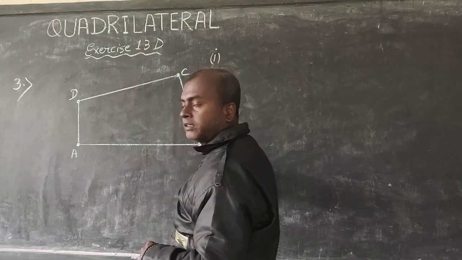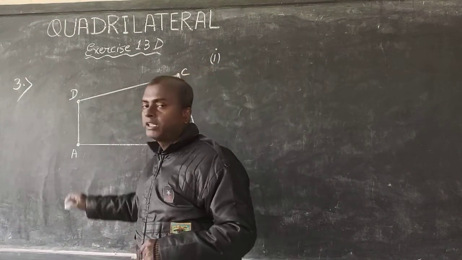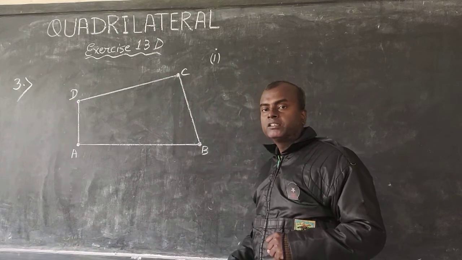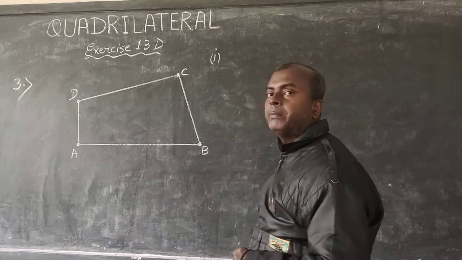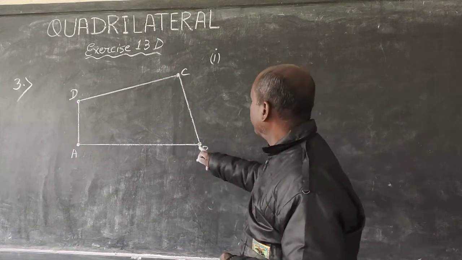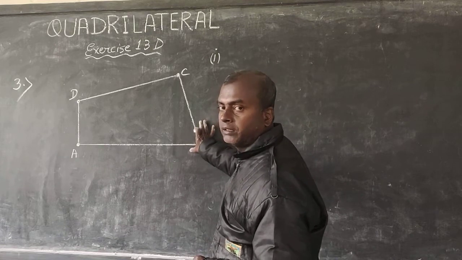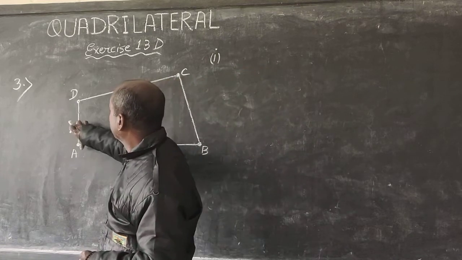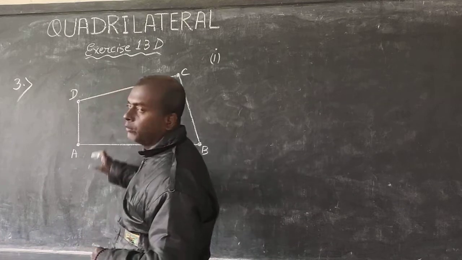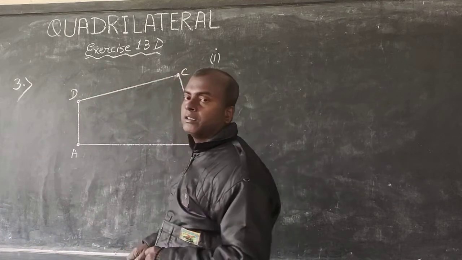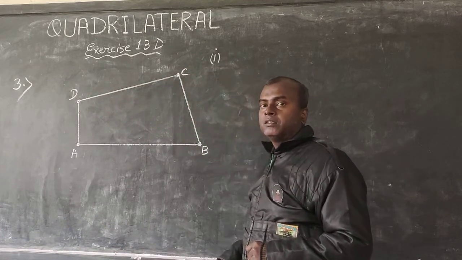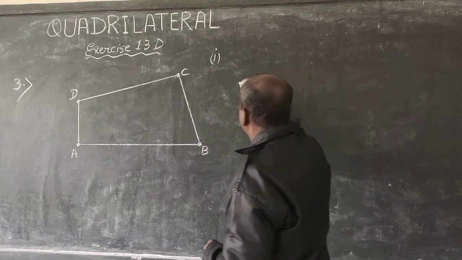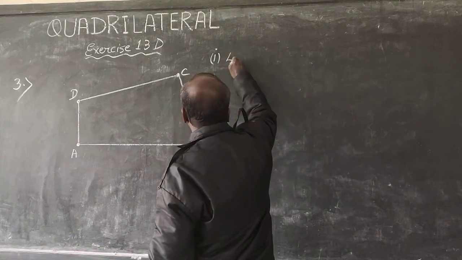With one vertex, 2 sides which are connected, they are called adjacent sides. So like that, how many pairs we have? For B, we have 1 pair. For A, we have 1 pair. For D, we have 1 pair of sides. And for C, 1 pair of sides. So in total, how many? 4 pairs of adjacent sides.